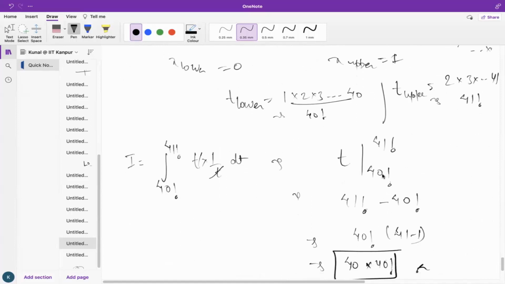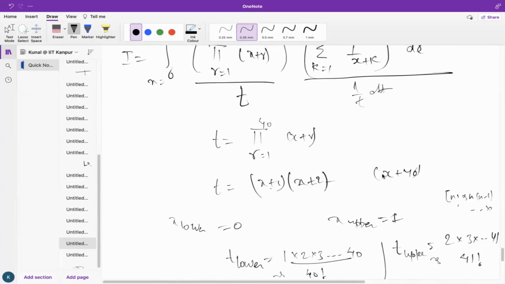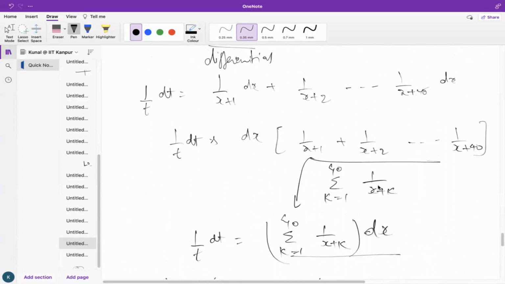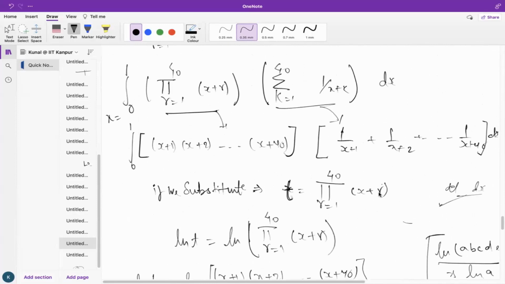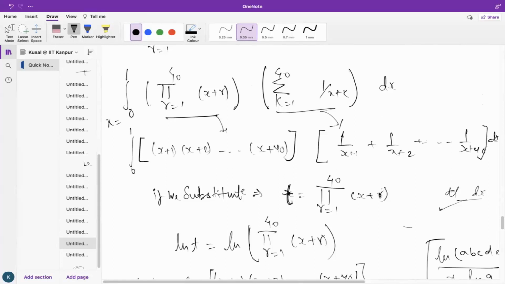Today's lecture is mostly based on manipulative problems, like how to approach the problem and how to use the concept of indefinite integration. This is the most important thing that you have to learn: how to use the concepts that we already read, because this is not a new chapter.